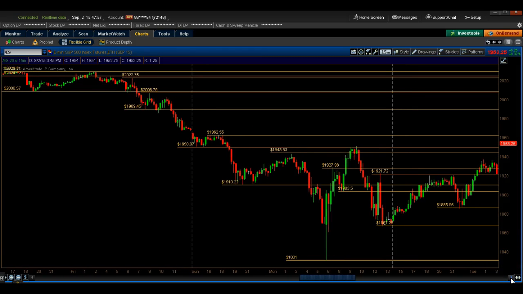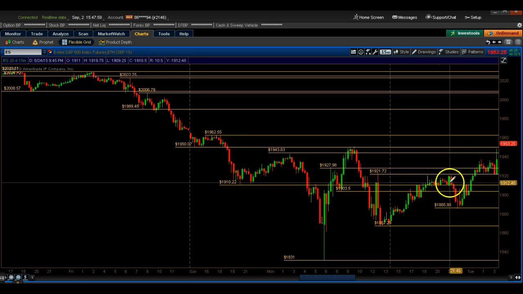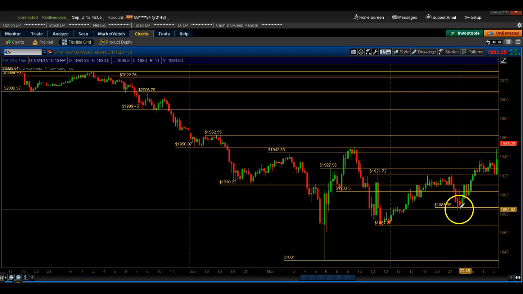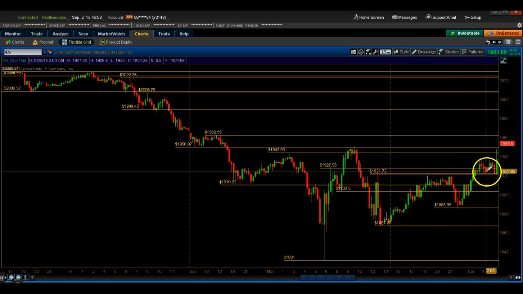Okay, so now what's our objective? Our objective is to look for a pullback to be a buyer, and we know our stop is going to go right below here.